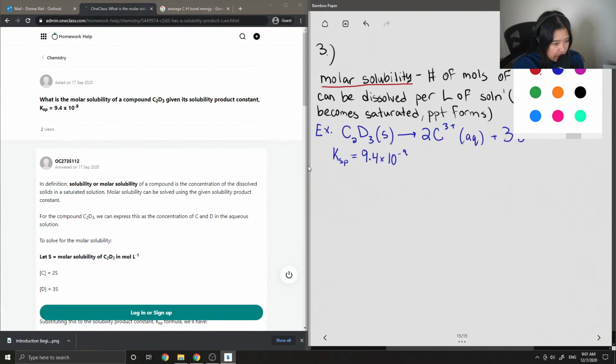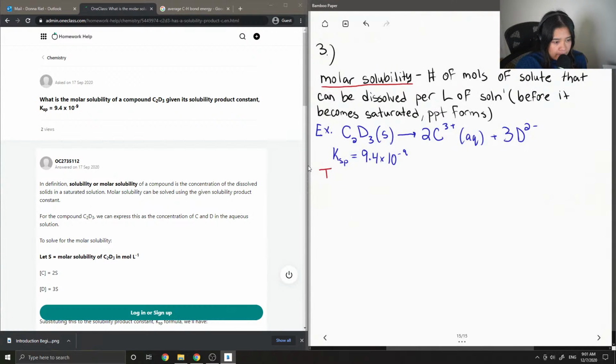Okay, so first we're just going to make an ICE table. And we can just cross out the column of our reactant since it is a solid. And we're just going to be looking at our ions. So the initial concentration of both of the products is 0, since we start off with 0.